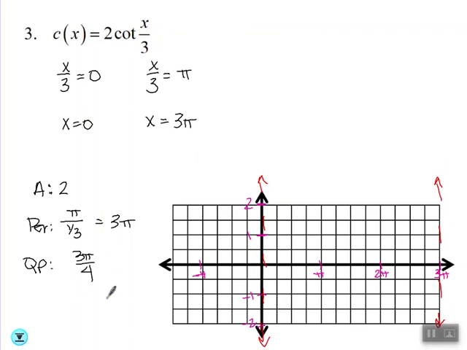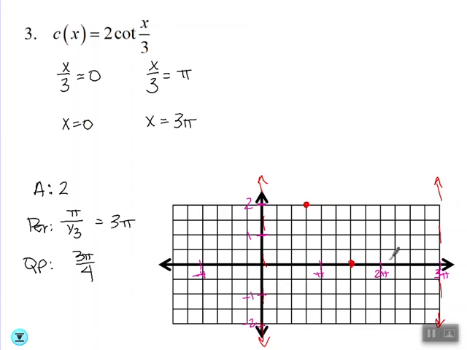Since our quarter period is 3 pi over 4, that means I need to have a point every 3 pi over 4. Since we have a graph of cotangent, we're going to have a negative slope. And since the a value is 2, that means that the first point at 3 pi over 4 is going to have a y value of 2.